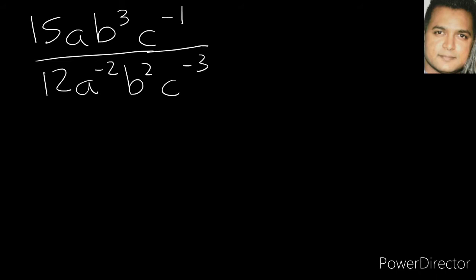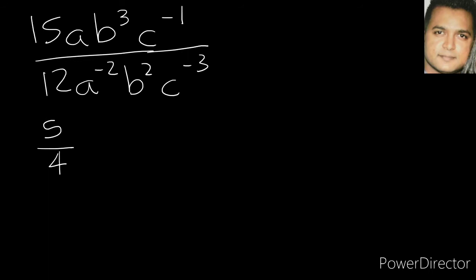Now what we need to do here is, we know that the rule is when the bases are the same and they're being divided, we just have to subtract the bottom from the top. So let's do exactly what that rule says. And remember, the first part would be a normal fraction that needs to be simplified. So remember, 3 goes into 15 5 times, and 3 goes into 12 4 times.